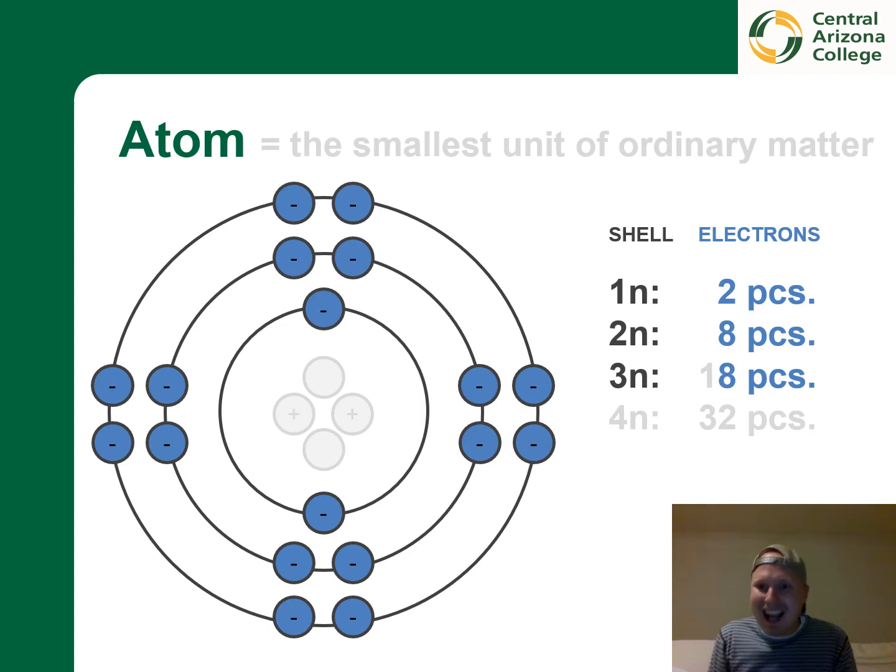But as I said, at our level, just think of it as the first shell holds the maximum of 2 electrons, the second shell holds the maximum of 8 electrons, and the third shell holds the maximum of 8 electrons.